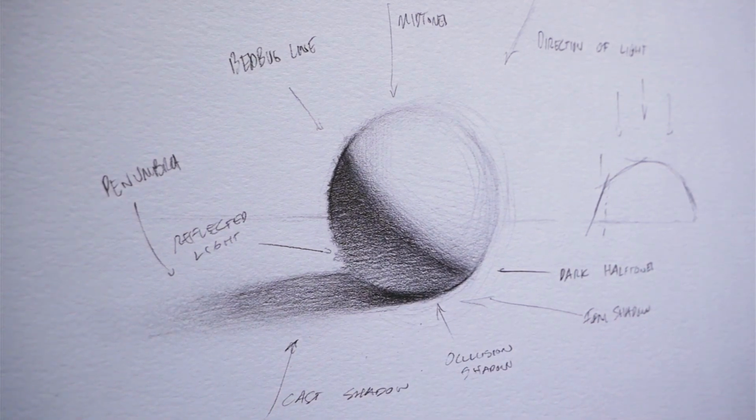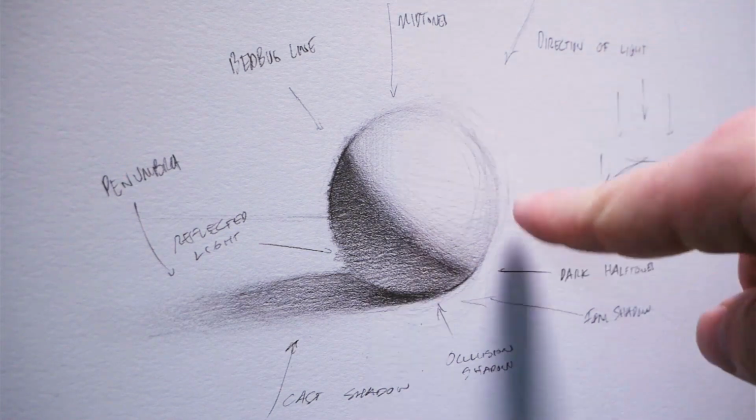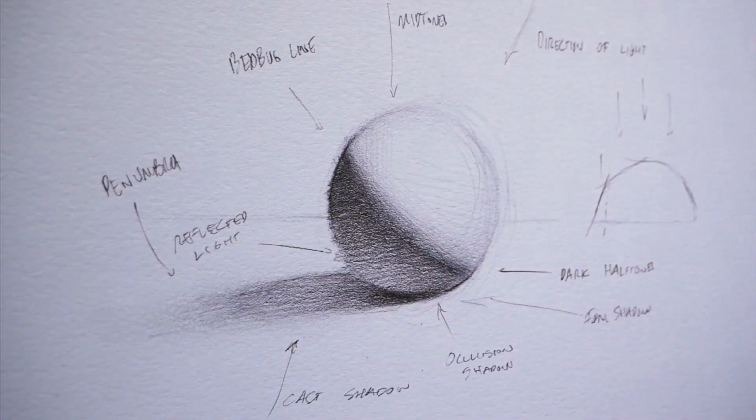Really crucial concepts, how these shadows work and how the lights work and how everything interacts. So yeah, that's it. As an exercise, you guys can just do the same thing as me, so you can copy the sphere. If you need to draw the sphere out with a compass or some kind of thing you trace, like a mug or something, that's fine as well. And you can use pretty much any medium that you want. Pencil's obviously pretty straightforward, but anything else is fine.